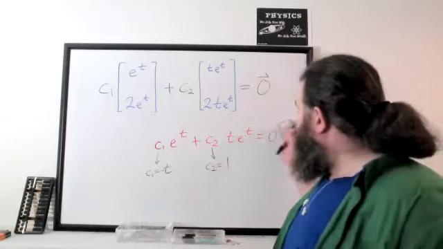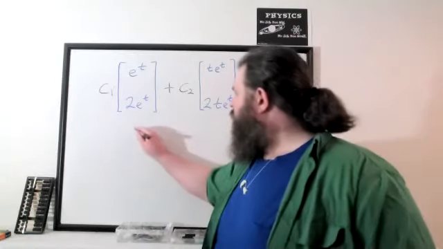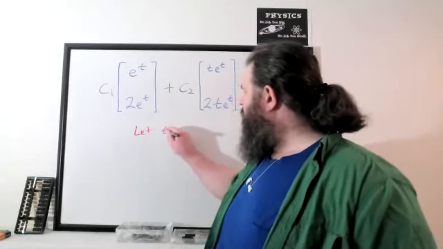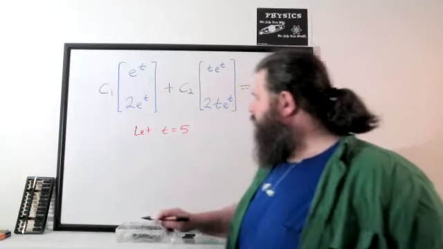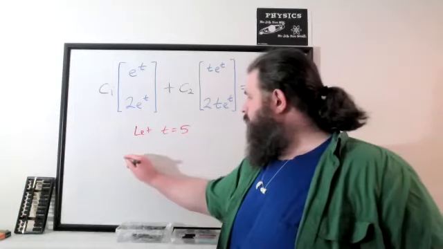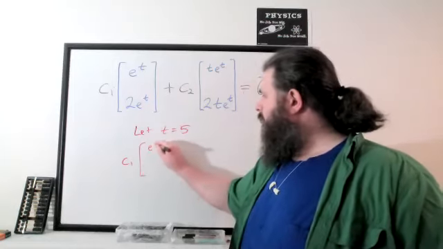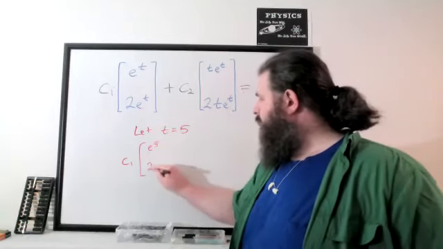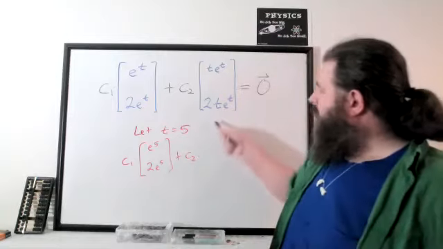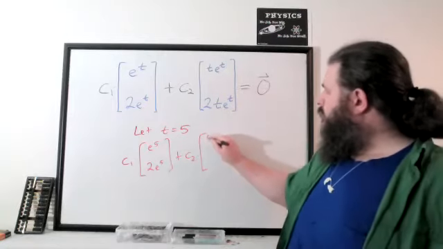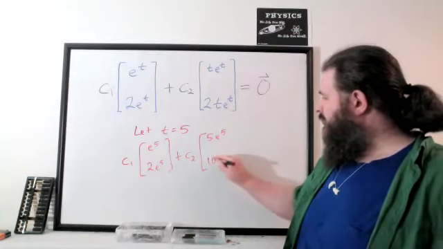But if we take a look at a specific t value, let's say t equals 5, then these would become C1 times e to the 5, 2e to the 5, and 5e to the 5, and 2 times 5, 10e to the 5.